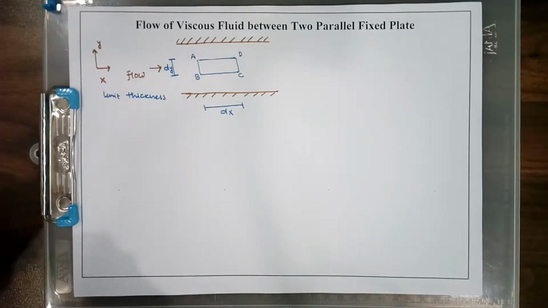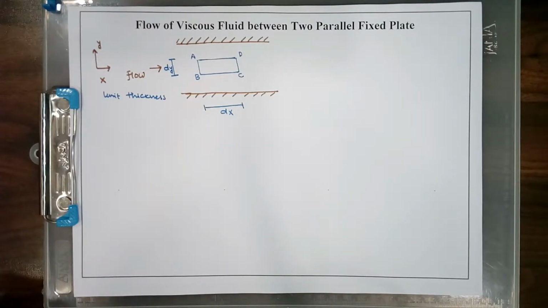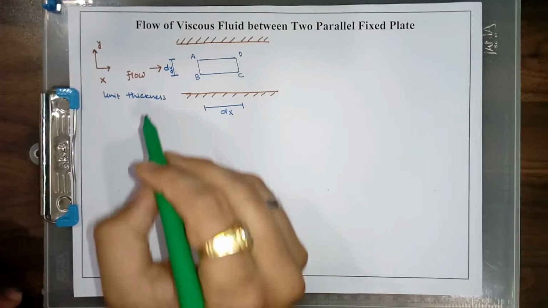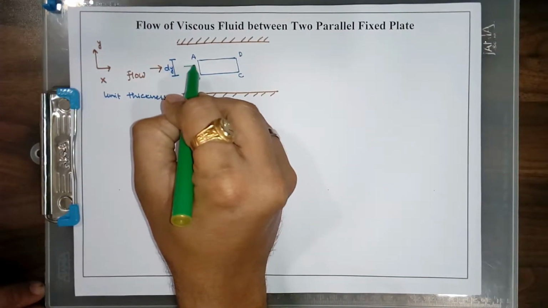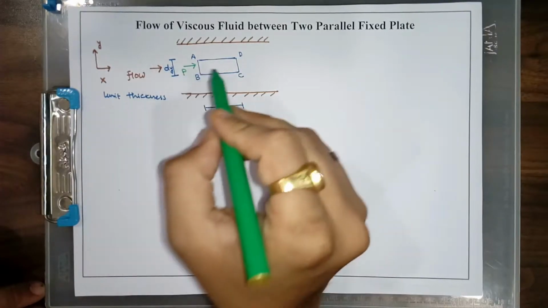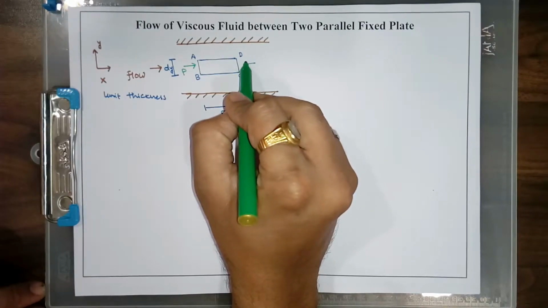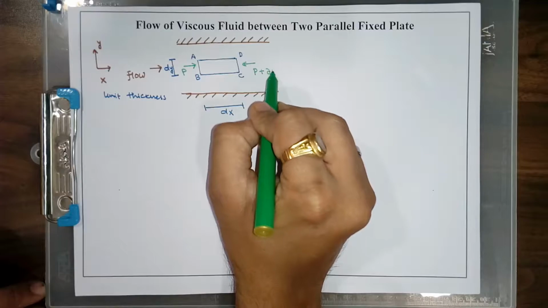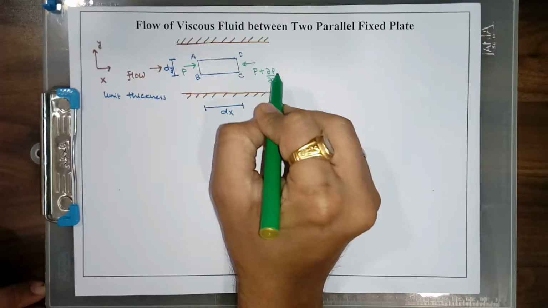Now after discussing this small element for analysis, we go for the various forces acting on this element. The pressure acting on the AB face is P. Similarly, the pressure acting on the CD face is P plus del P by del x into dx.